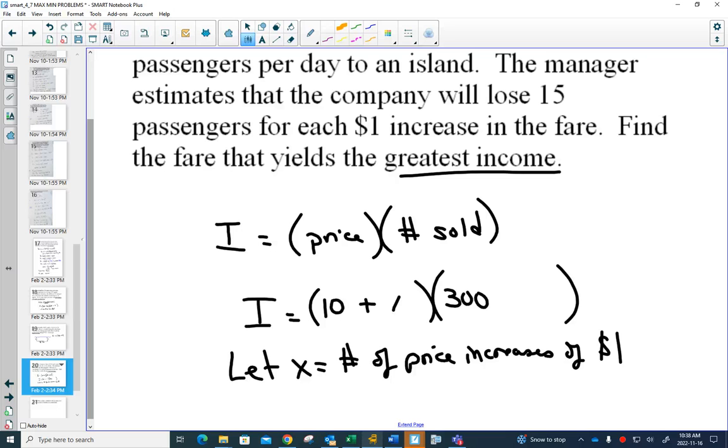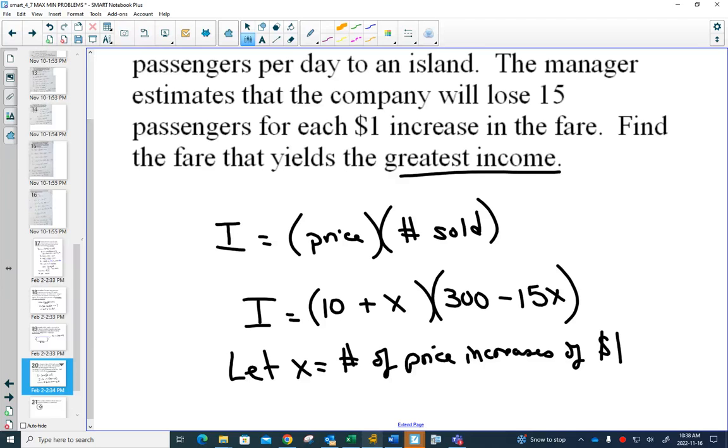So my price goes up by X. Every time I increase it once by X, I lose 15 people, so I have to subtract 15 times X. There. And again, we've done our setup.